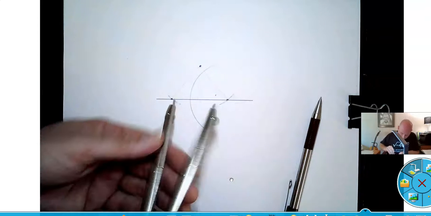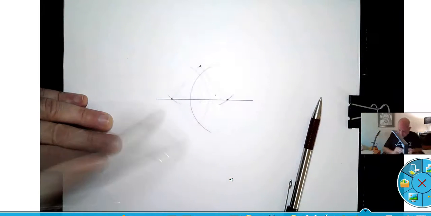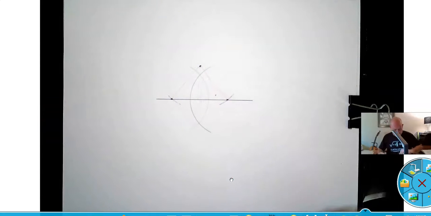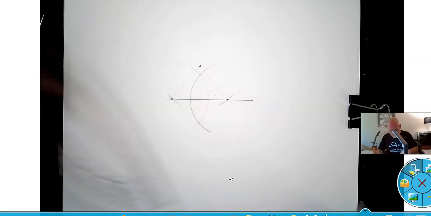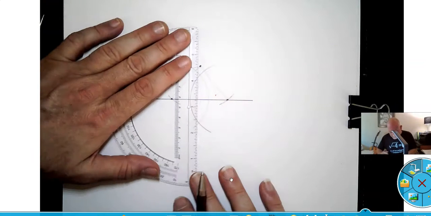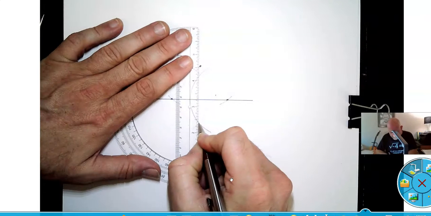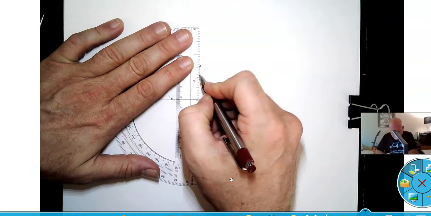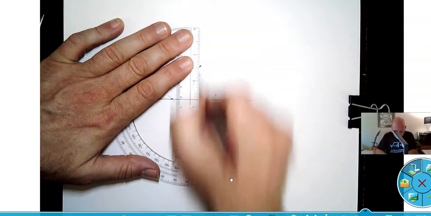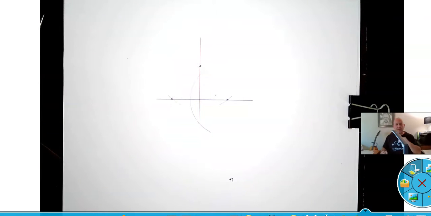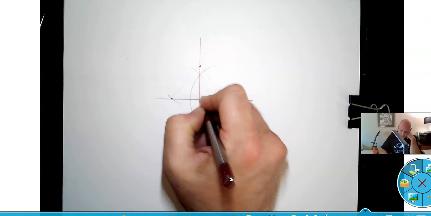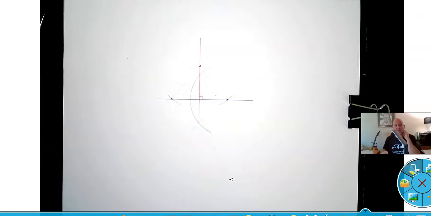We'll go ahead and do this again, and then we'll do it from the other point, and those points should line up pretty well. They look like they do. And so we have now a perpendicular, not a bisector. We have a perpendicular through a particular point.